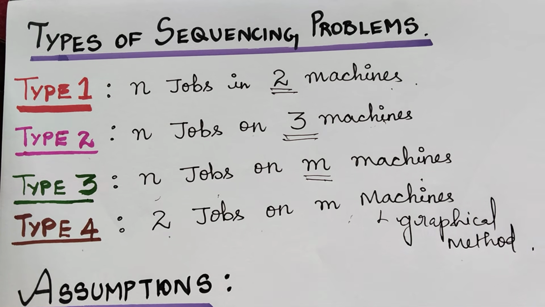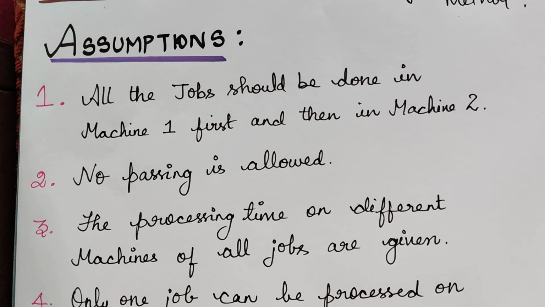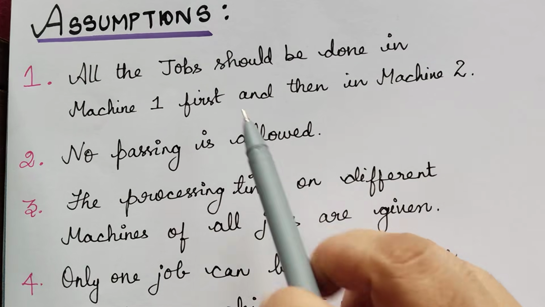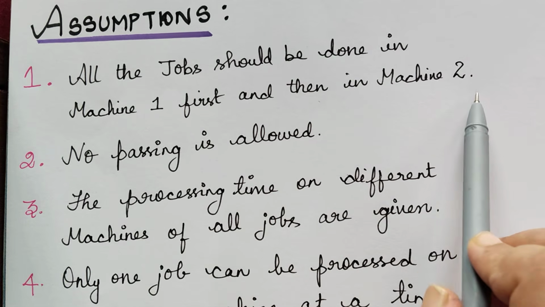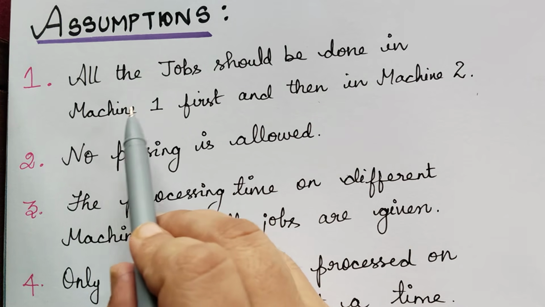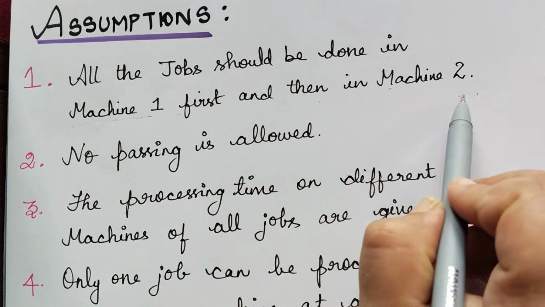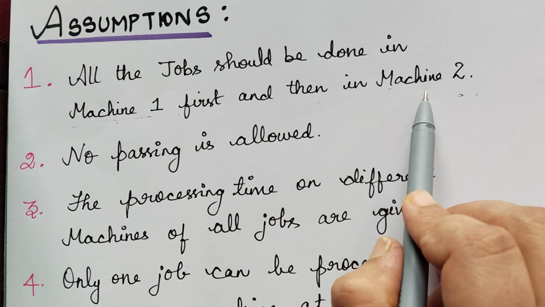Now first we will learn the general assumptions to be made while solving a sequencing problem. The first assumption is all the jobs should be done in machine 1 first and then in machine 2. For example, in the production of a book, machine 1 is typing and machine 2 is printing. So first we have to type and then we can go for printing.